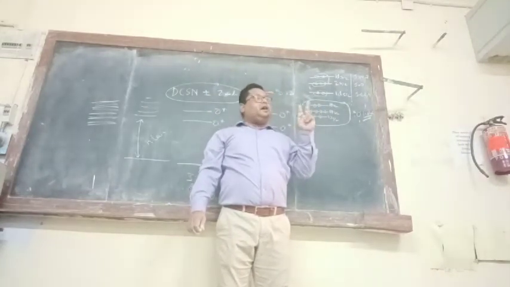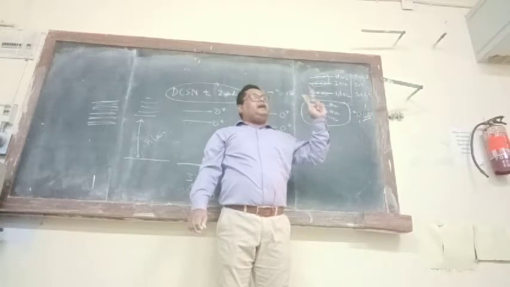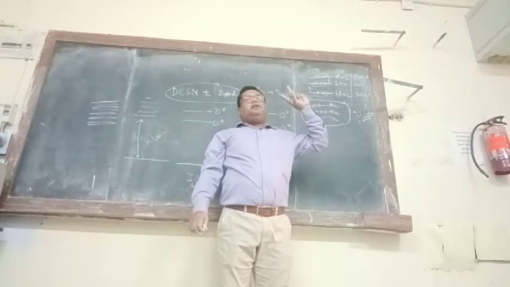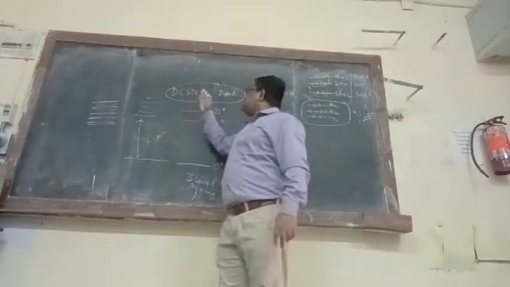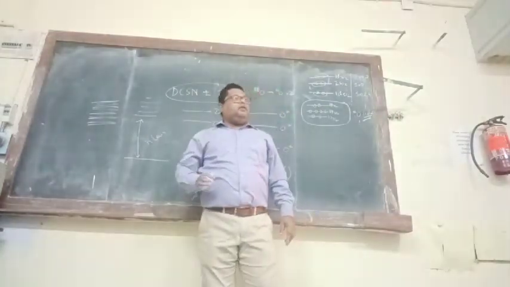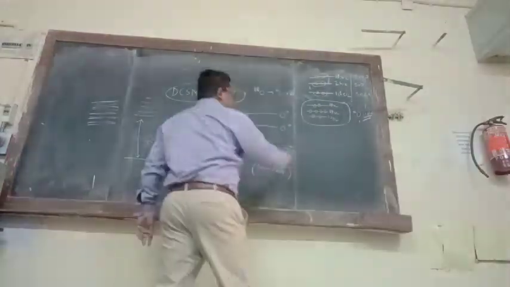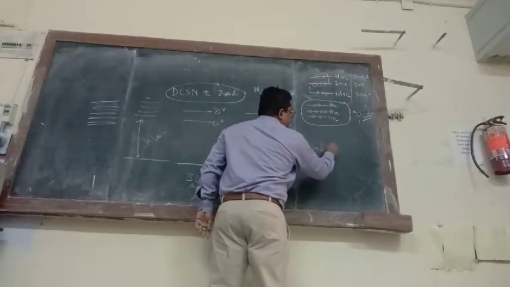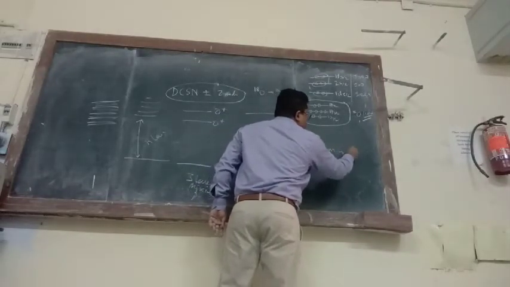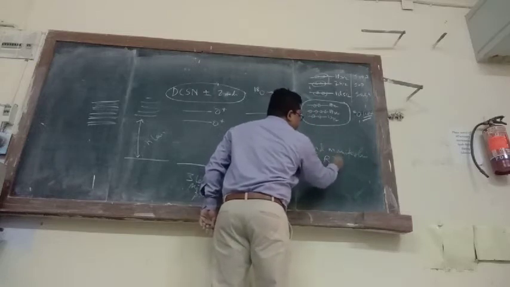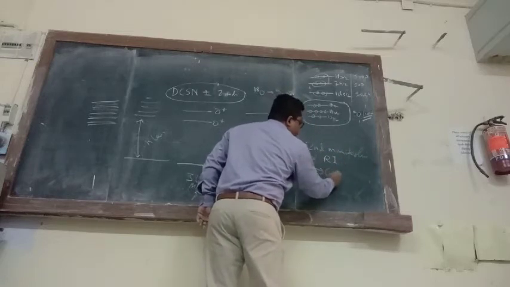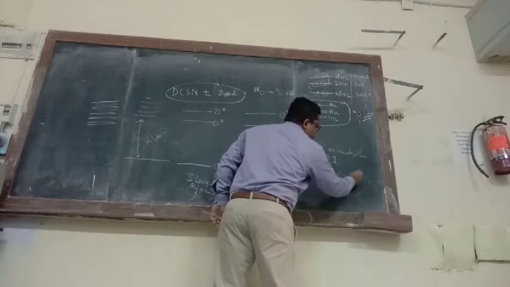One is regarding the pairing interaction and another is the effect of mixing between pure configurations. So this is the second manifestation of residual interaction, and this is configuration mixing.